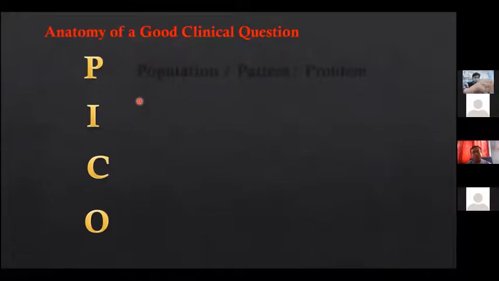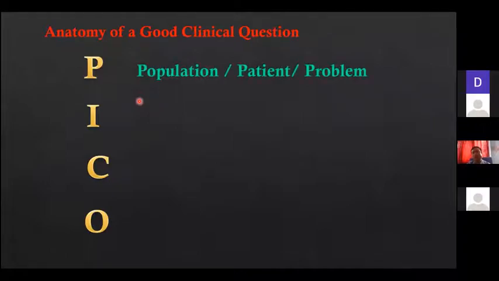Now, to define the question, we have to follow a fixed format. This format is known as the PICO format. A good clinical question should have these 4 factors. First, P stands for the population, patient, or the problem.